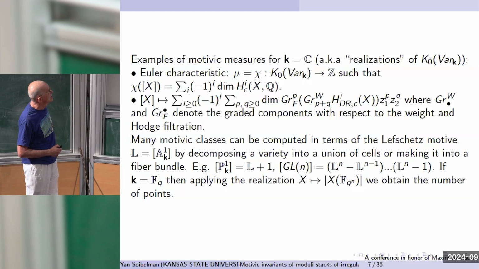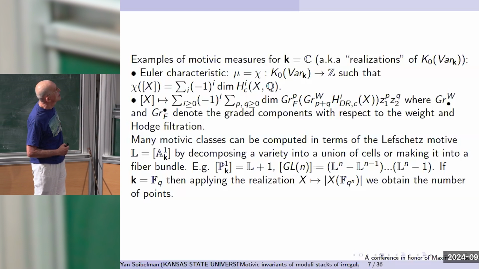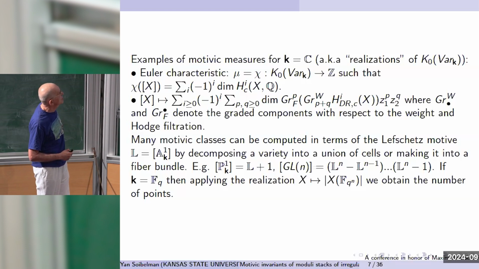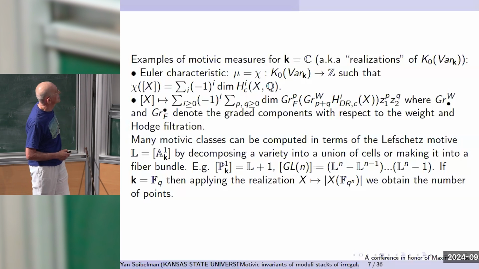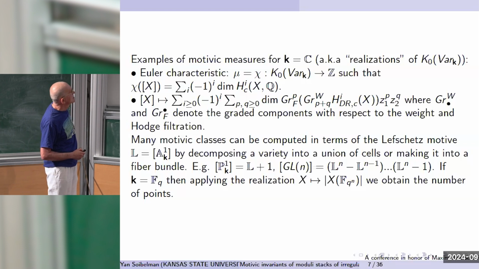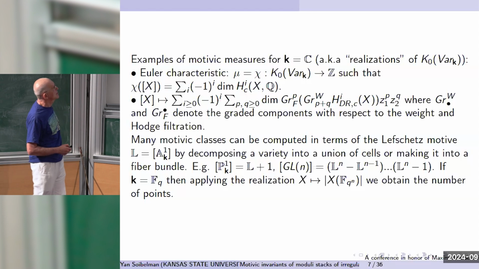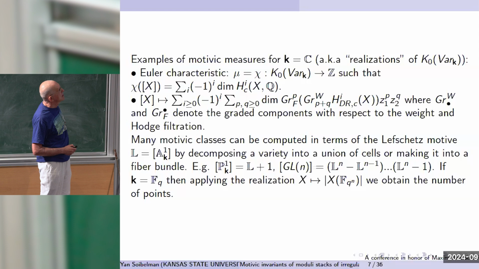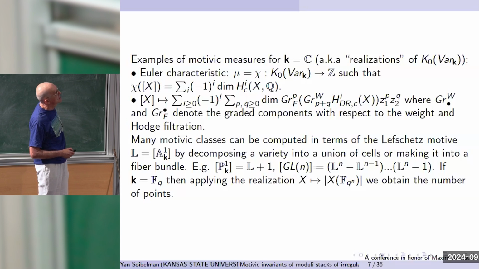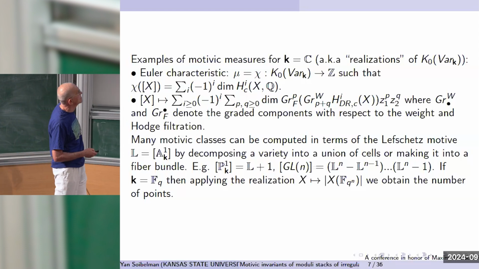For example, P1 is an affine line plus one point. And this L, the Lefschetz motive, plays an exceptional role in the theory, so it has a special notation. This is trivial, affine line plus a point. This is a little less trivial, but again it's an exercise. And if you apply a realization, like the number of points, you indeed get the known formulas for the number of points of GLN over a finite field.